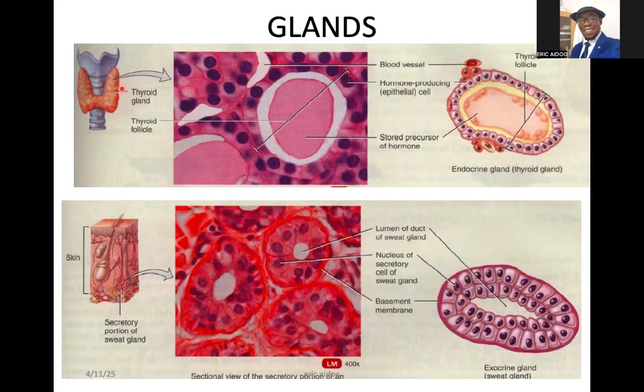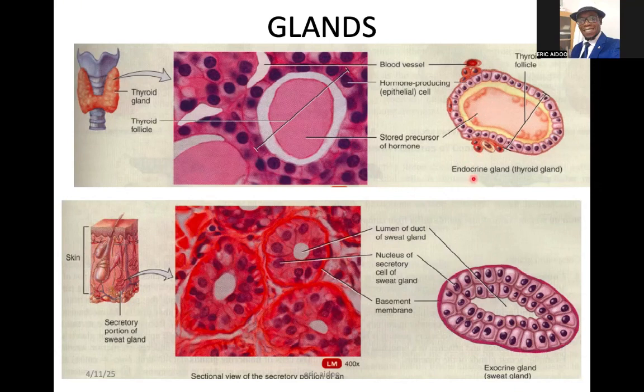So when we take the thyroid gland, for instance, this is a thyroid follicle, and the substance inside is known as colloid, which contains T3 or T4, thyroxine or triiodothyronine. Then you have them stored here. So these are the secretory cells. Then this is where the secretion will be deposited and later transported.